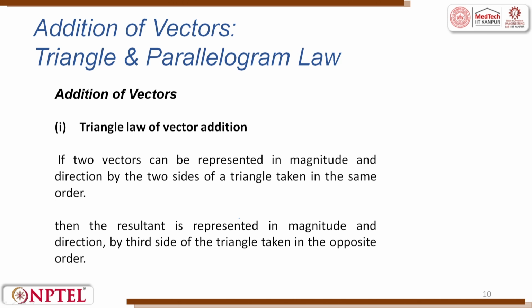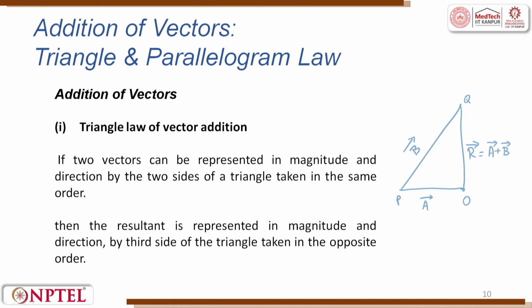When I say triangle and parallelogram, first let us draw a triangle P, Q, O. Then we have A vector, B vector. Now the resultant vector R will be equal to A vector plus B vector.